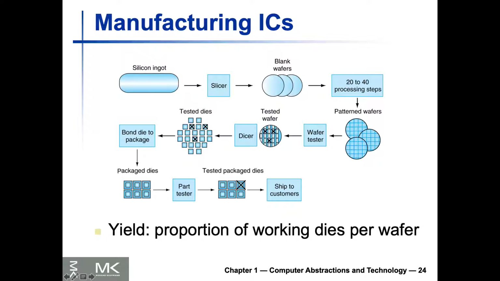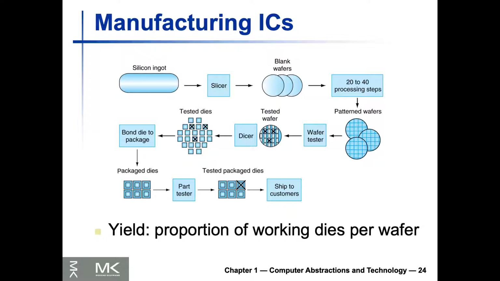Coming back to that figure again, starting from the silicon ingot, they made an alloy, they slice it, they design the blank wafers, and they repeat this process several times, and they make a pattern out of that. So when it comes to testing that pattern, some of them might fail. Some of the transistors might fail, right?